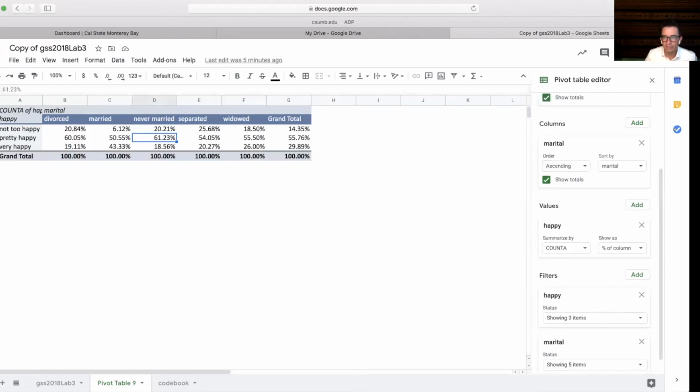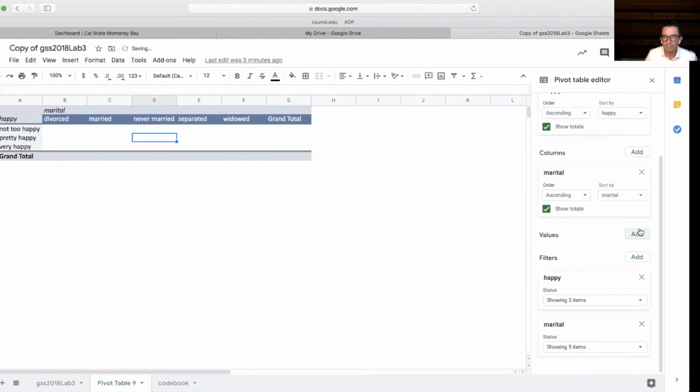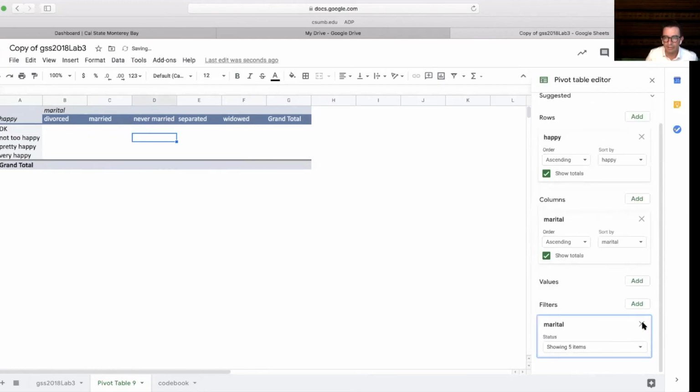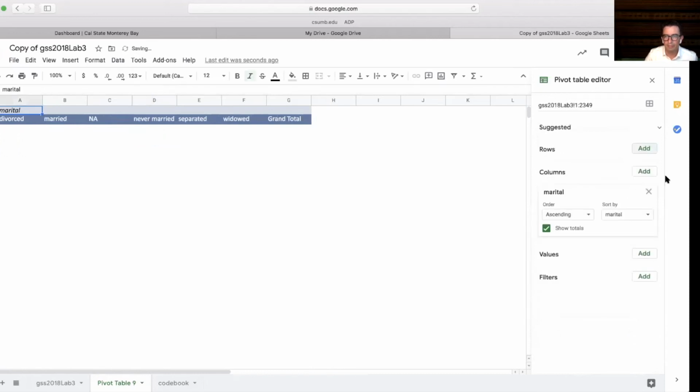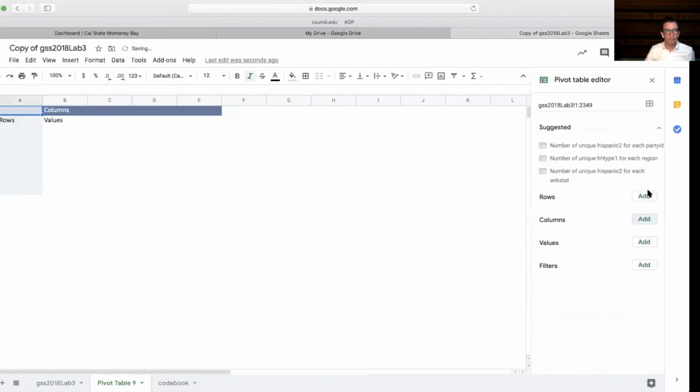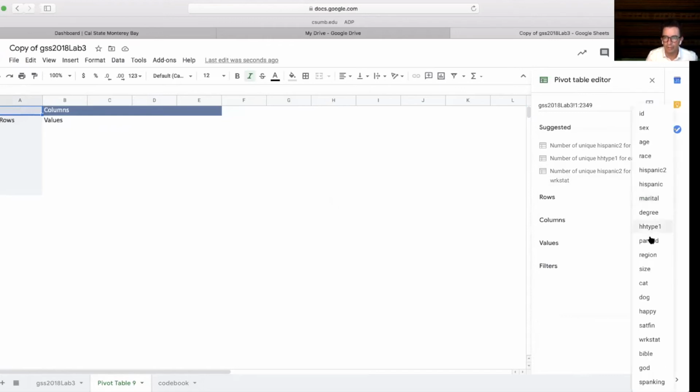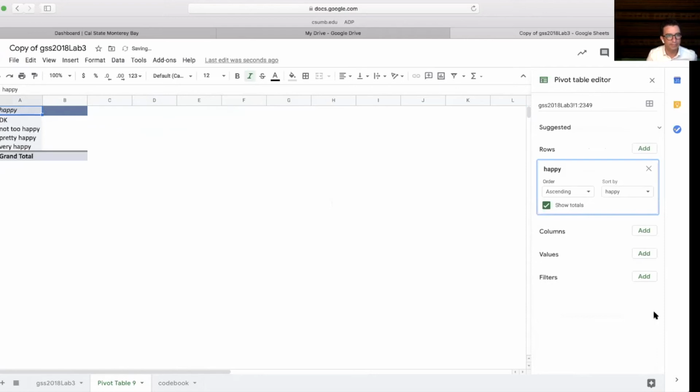Let's just erase everything to have another example here. What else do you think may cause happiness or may be related to happiness? Anyway, let's go to rows and let's ask for happy again.